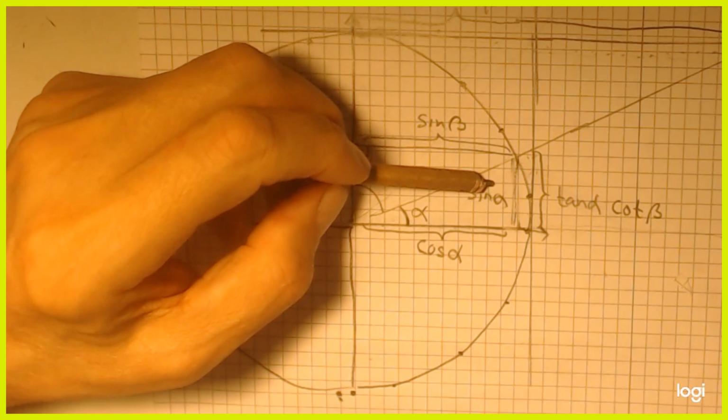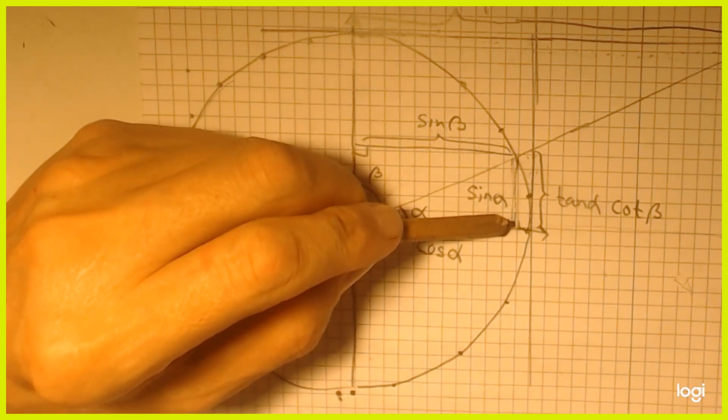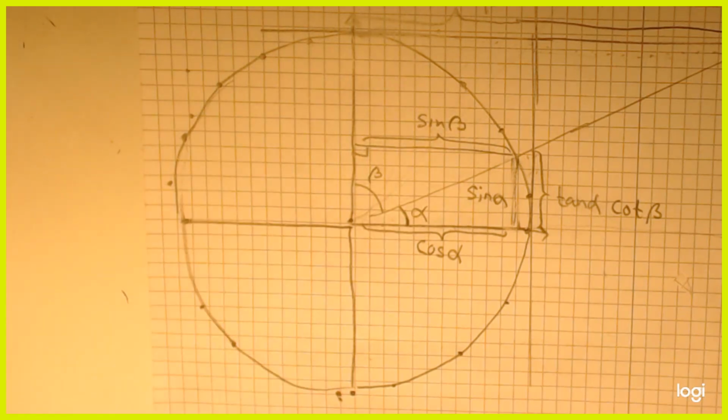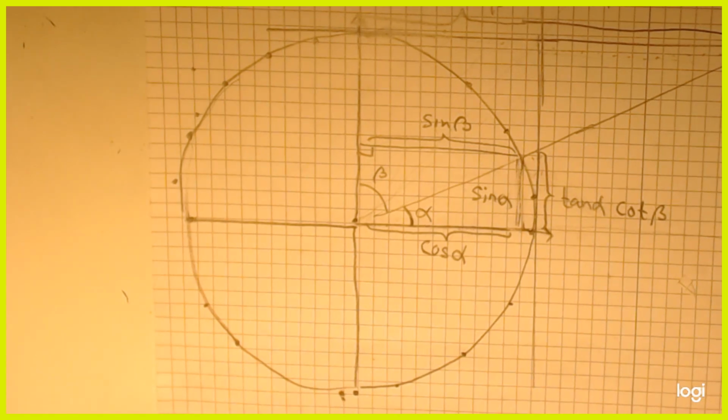And the length unit here is 12. So you'll see that sinus alpha is 0.42, and that gives you an alpha value of 24.83.